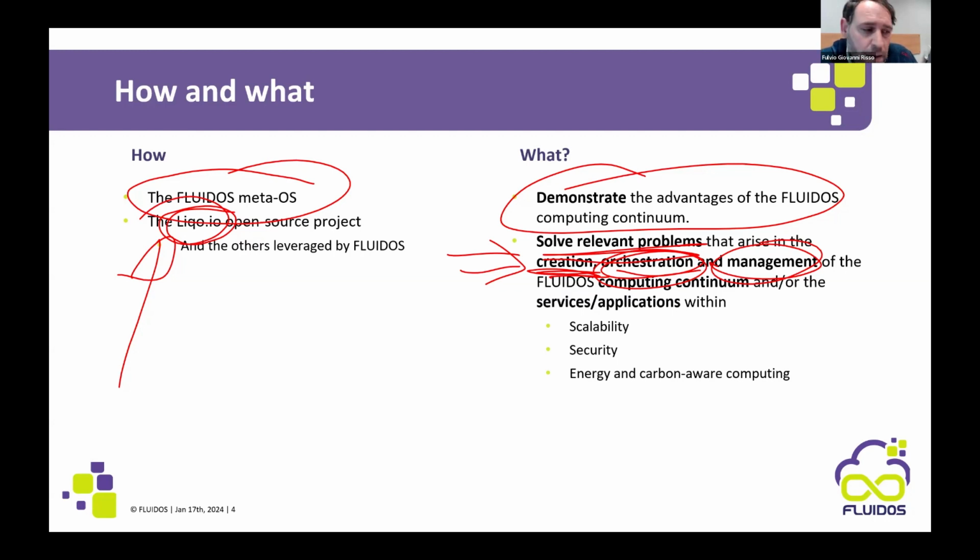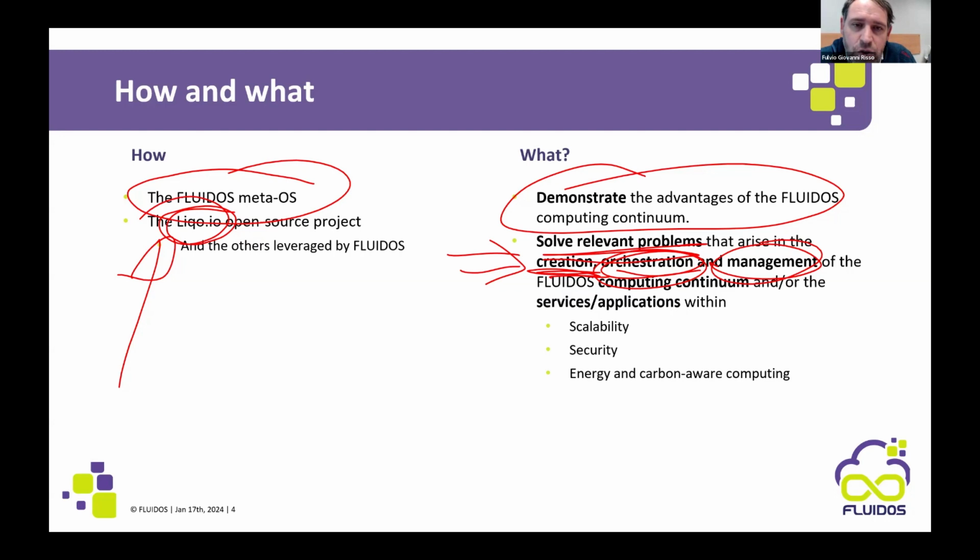So in general, we are not against the use of, let's say, ancillary technologies, because of course we cannot reinvent the wheel. But all those technologies must be related to FLUIDOS.